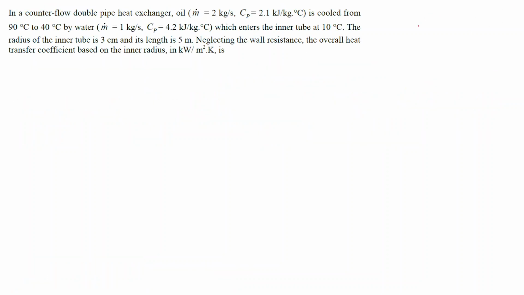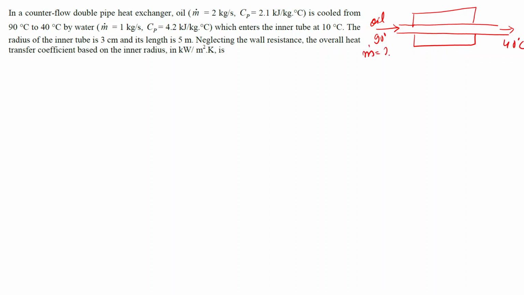Now, here we have been given a double pipe heat exchanger, and we are having the counter flow. So let's just consider oil enters the tube side from here, and the inlet temperature is 90 degrees Celsius and the outlet temperature we have been given as 40 degrees Celsius. Mass flow rate is 2 kg per second and Cp is 2.1.